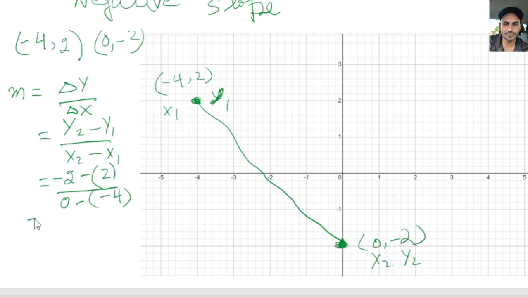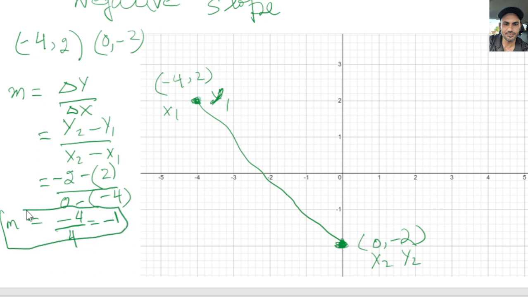Here we get negative 2 minus 2, which becomes negative 4 on top, and the bottom becomes 0 minus negative 4, which is 4. So your slope is equal to negative 1. This is the segment that has a negative slope.